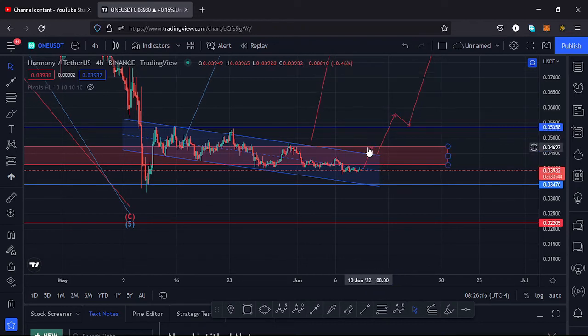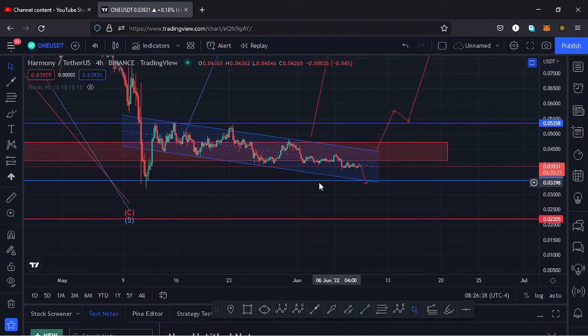The other key scenario that can play out is that it's not a must that we push the market higher. We can push the market to the downside, and once that happens and we trade at the lower point of this channel and maybe break below it, we will also be breaking below this key area of support at around the $0.0347 mark.